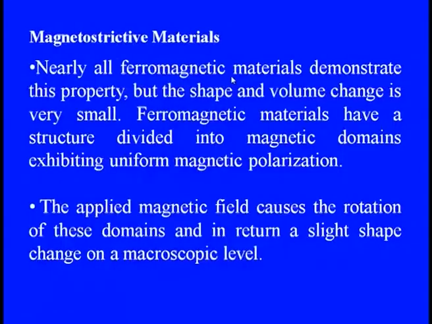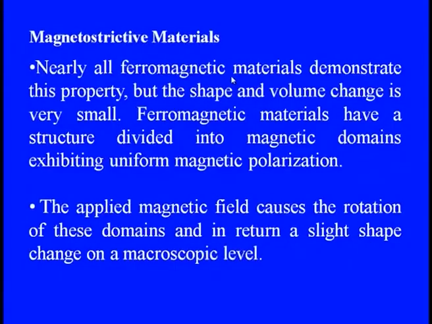So, nearly all ferromagnetic materials demonstrate this kind of property, but the shape and volume change is very small in ferromagnetic materials as compared to magnetostrictive materials, because ferromagnetic materials have a structure divided into magnetic domains which can exhibit uniform magnetic polarization.